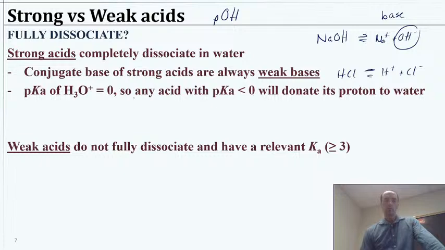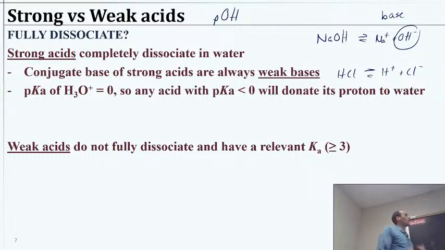Let's see, I want to get that right. Anyway, it doesn't matter too much. So if we have a strong one, the pKa's are such that the other will be weak.